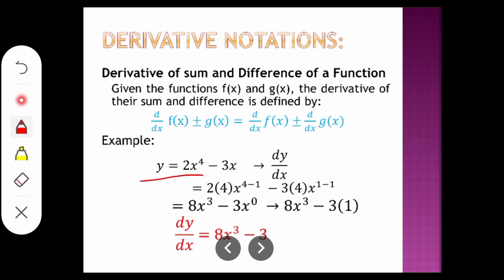Then minus 3x raised to 0, since 1 minus 1 is 0. So it is 8x cubed minus 3, because x raised to 0 is 1 and 3 times 1 is 3. So the answer is dy over dx equals 8x cubed minus 3.